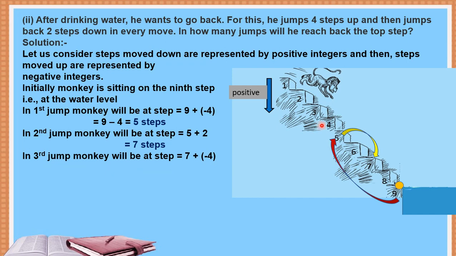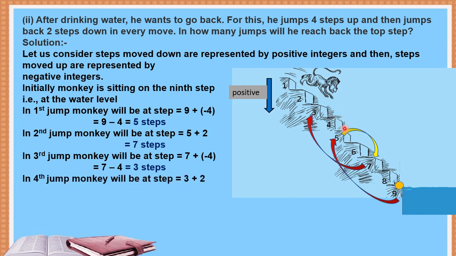So 7 minus 4, he reached the 3rd step, that we can say at the 3rd jump. In the 3rd jump, he is at the 3rd step. Now again he jumps back 2 steps down. From this 3rd step, 1 and 2, so he will reach 3 plus 2, the 5th step.